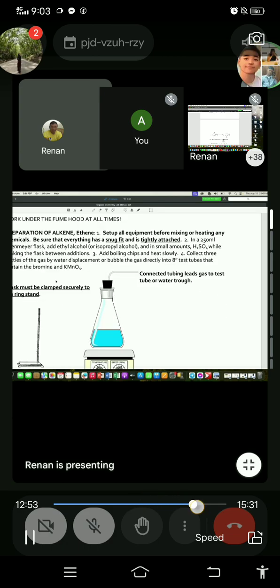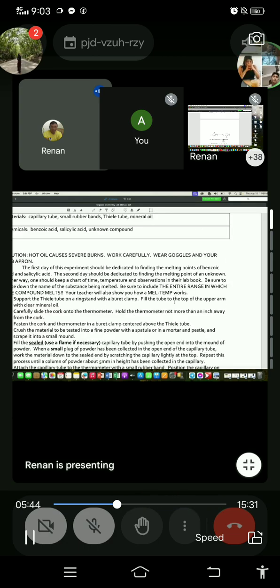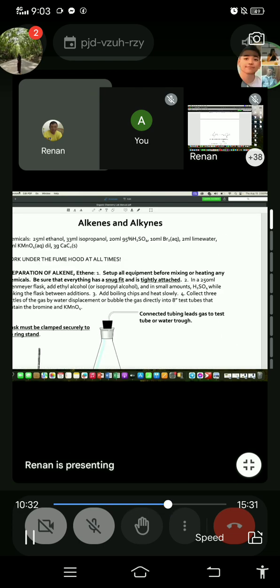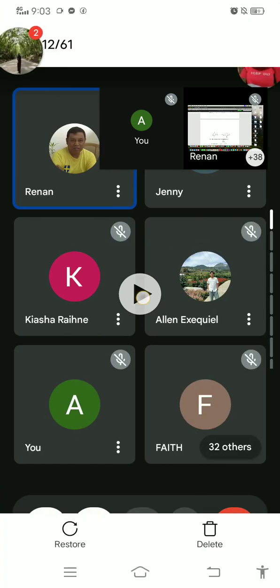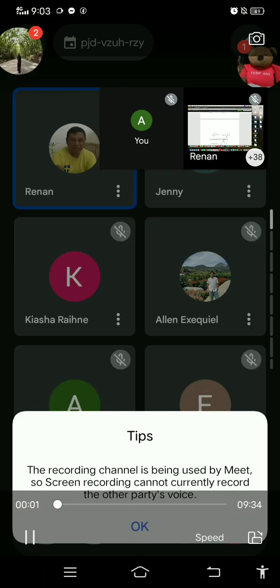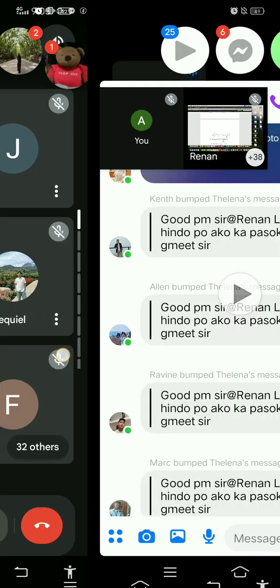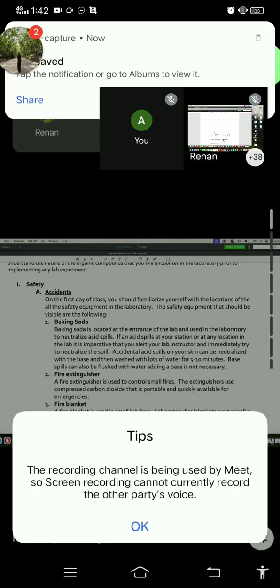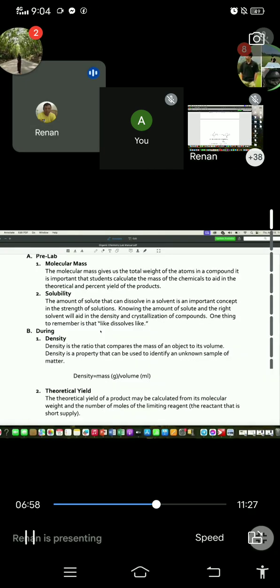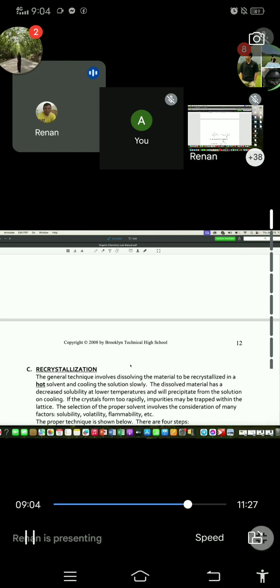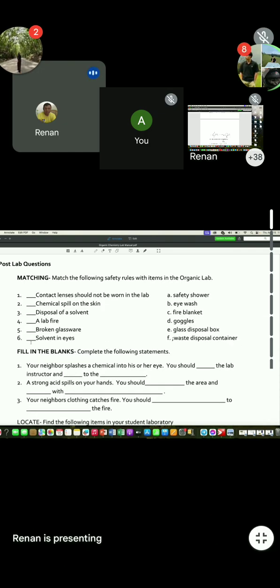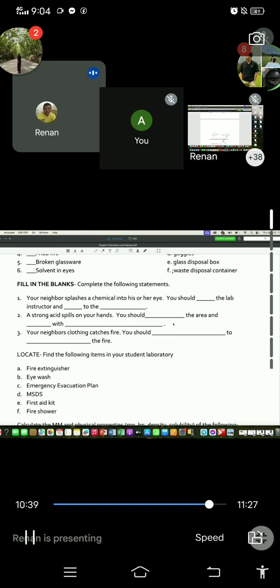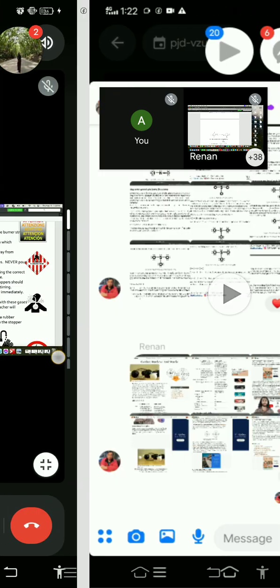So if you're going to draw the cyclohexane, you diagram it, then you can also see it like the one used for the cyclohexane. But this one is not. This is not cyclohexane.